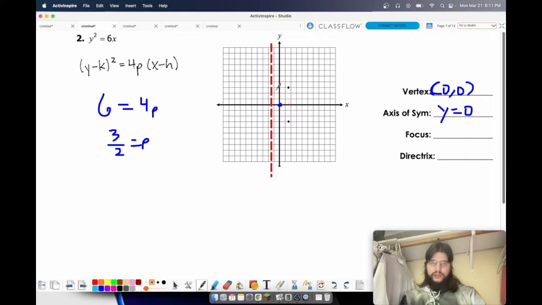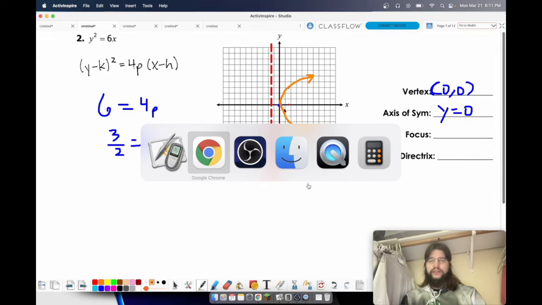Let's do a nice orange color. I always have to start at the vertex. I'm terrible at drawing. Something like that-ish. We're just going to sketch these graphs. We don't have to be perfect.